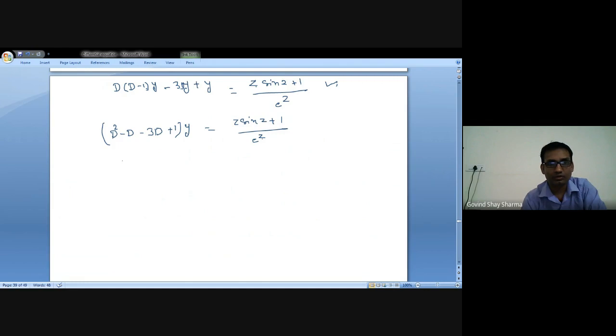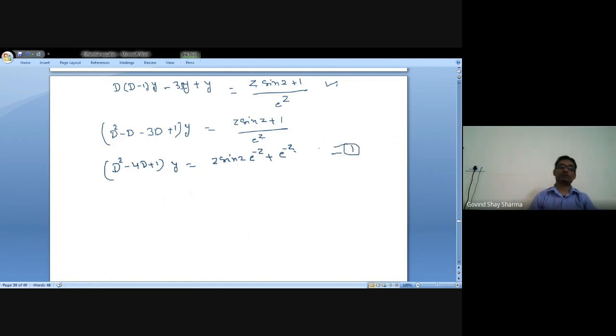So this becomes D square minus 4D plus 1 y is equal to z sin z plus e to the power minus z. This is becoming our equation. Now we see very clearly that all the variables become constant coefficients, so it can be easily solved.